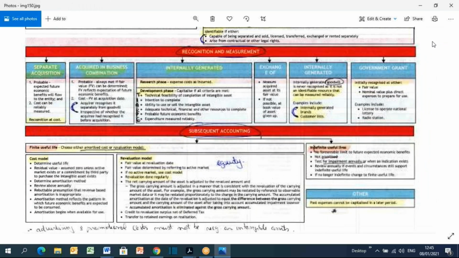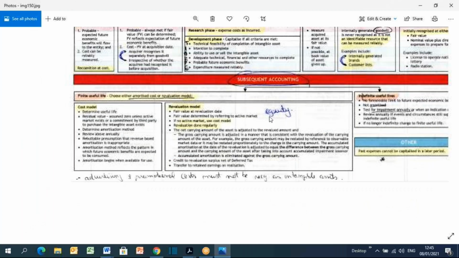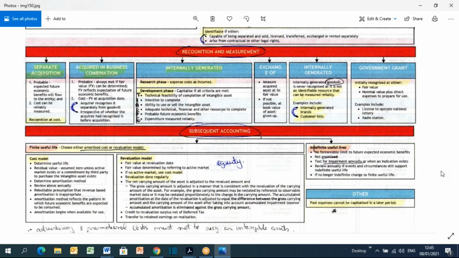What are the accounting treatments? For example, the subsequent accounting treatment: you will come across many questions asking about finite useful lives, which use the amortized cost or revaluation model, or they will ask about indefinite useful lives. You should know the definition: there is no foreseeable limit to when the future economic benefits will stop.